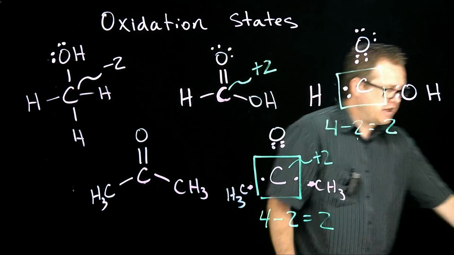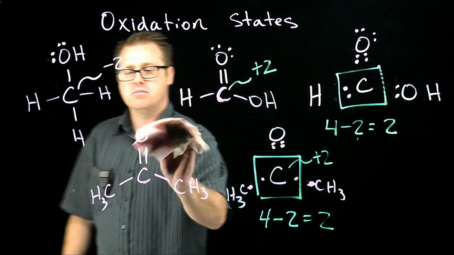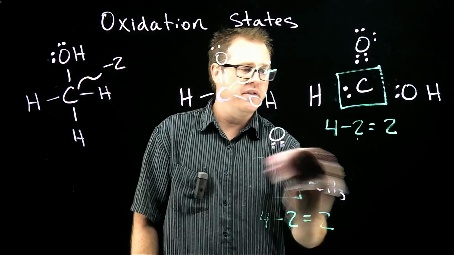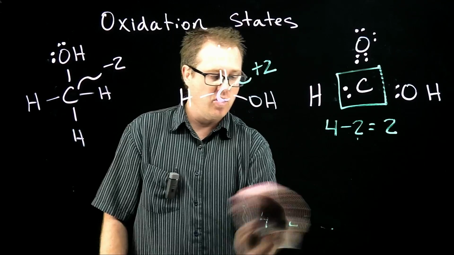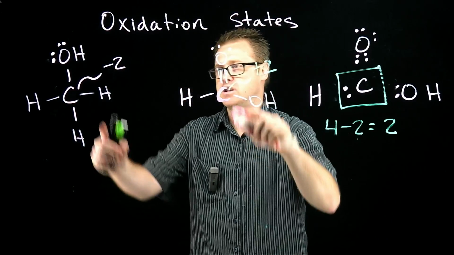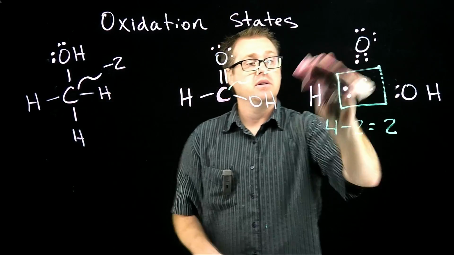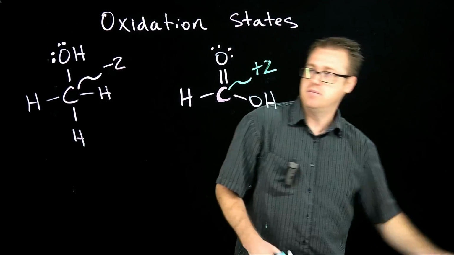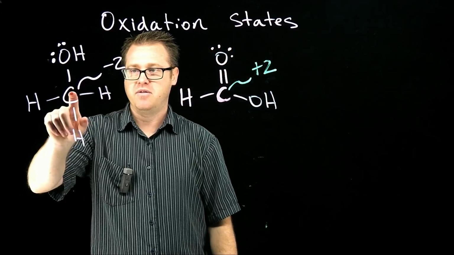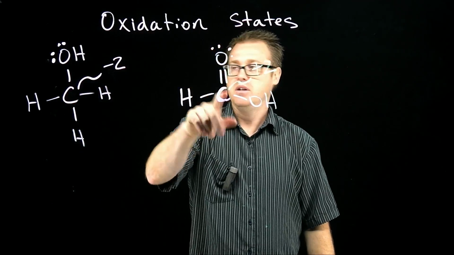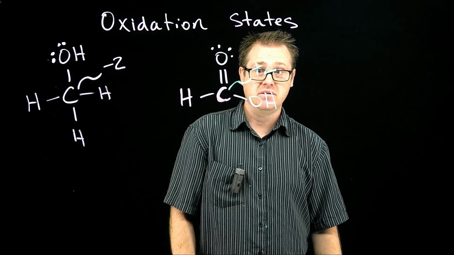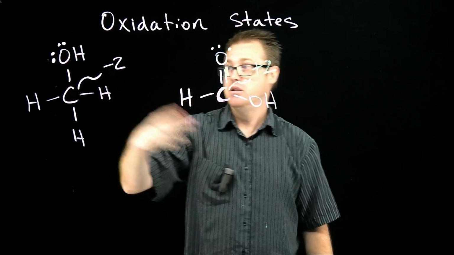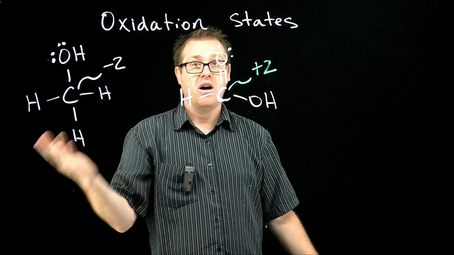Another way that you can look at a reaction or a transformation and know if it is an oxidation or reduction, if you don't want to use these numbers, is you can just simply look at the before and after. Okay. So in this particular case, before, after. If you add more bonds to oxygen, look, 1 oxygen atom, 2 oxygen atoms. When you do that, that is an oxidation.